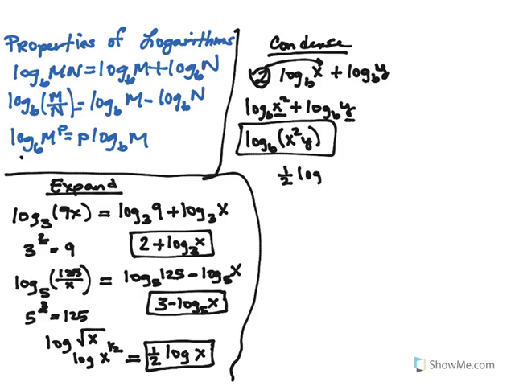Let's look at this. Here, we have a coefficient of 1/2. So that coefficient is going to become the exponent. So x to the 1/2 is really going to be a radical.